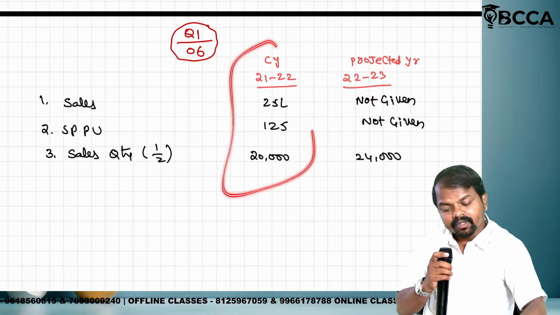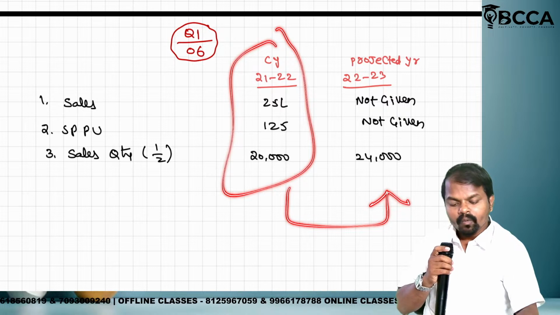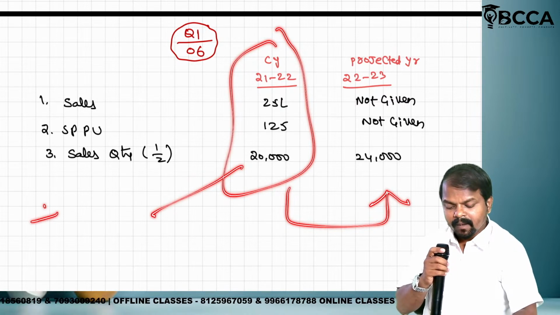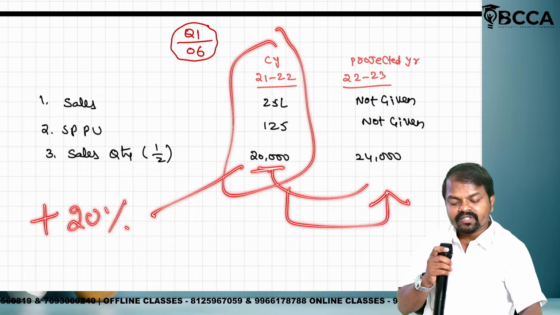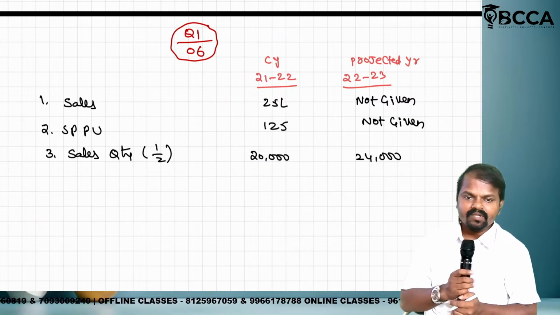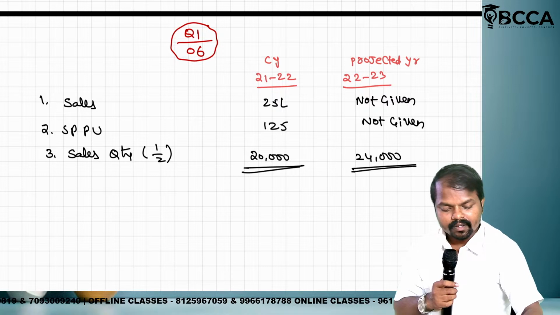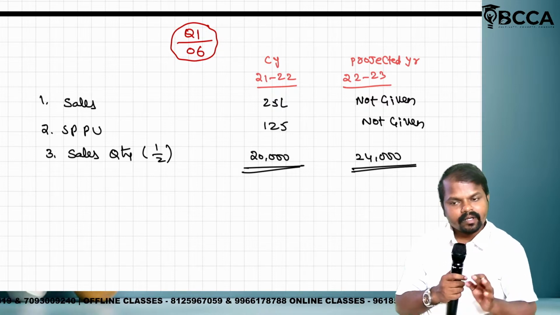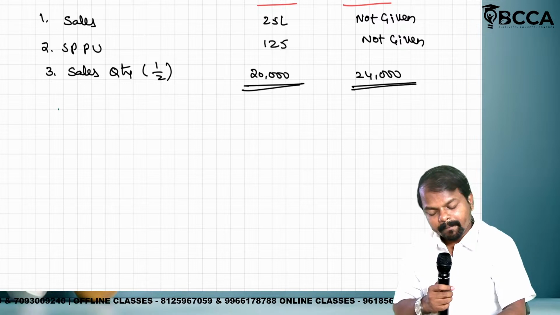As compared to the current year, what is the sales quantity in the future year? Whatever sales quantity is there, plus 20%. That is the reason 20,000 plus 20%. Correct or wrong?